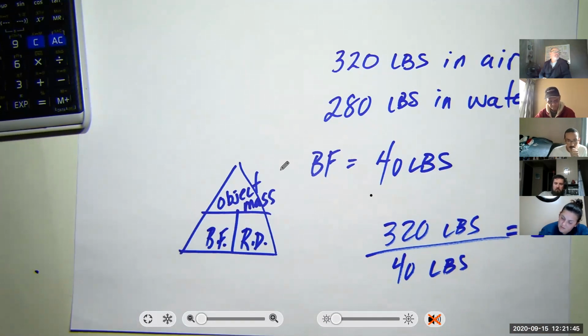So that was number 19, and you do number 20 the very same way. Now, I could do a bunch of different things for that. I could find out the volume of the object and then find out the density and then divide by the relative density of water to get the relative density of the object. All right.